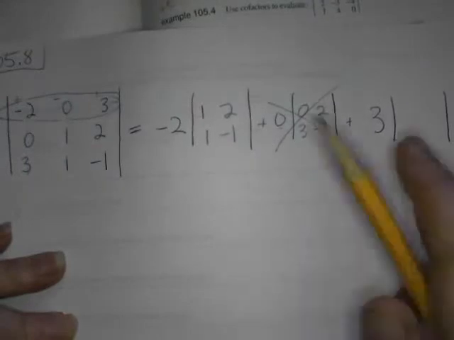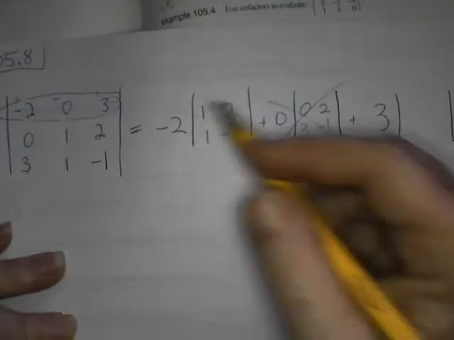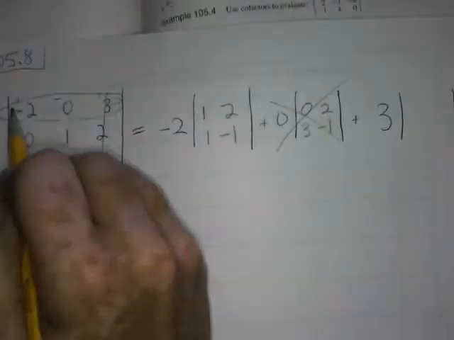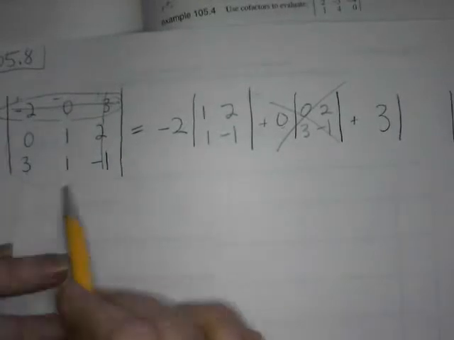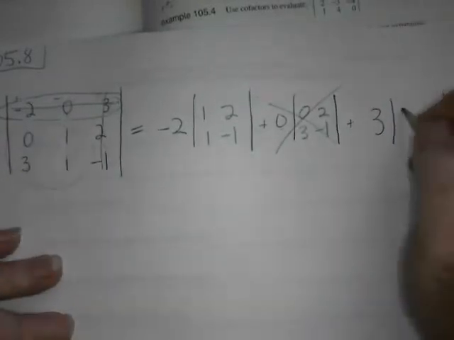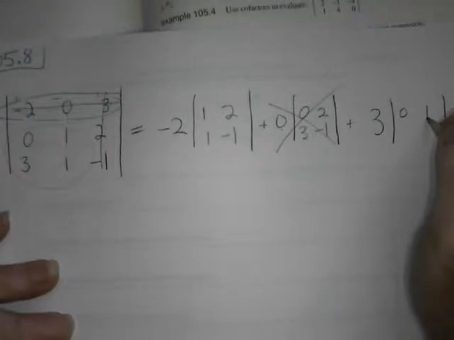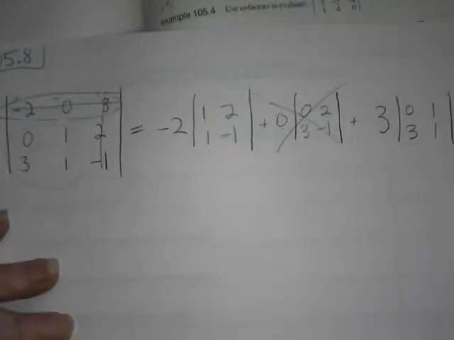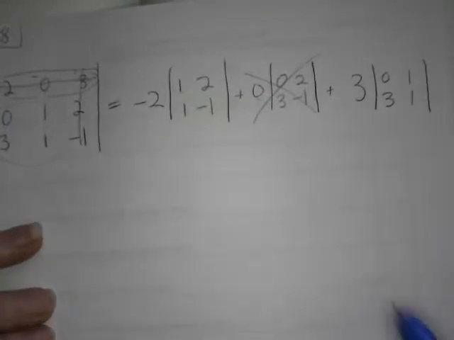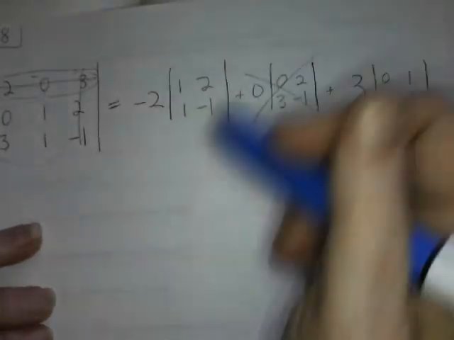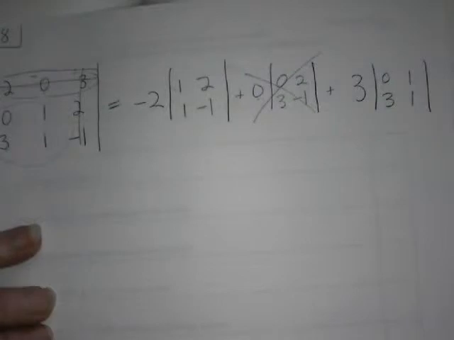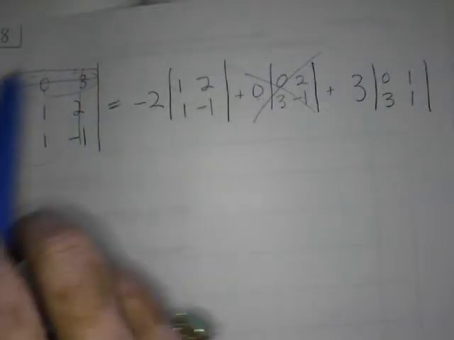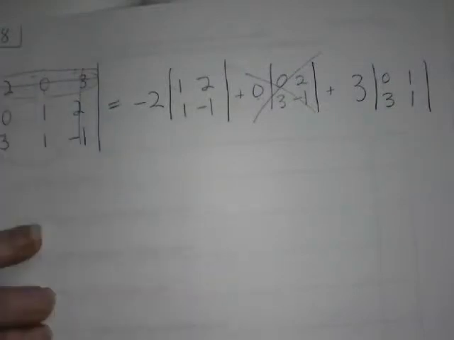Do you see where I'm getting these matrices from? Now, what goes with the 3? I can find out by crossing out the row and the column that the 3's in, and what I'm left with is this thing. That's easy enough. Now I'm doing this slowly because I'm explaining it to you, but when you have a matrix with a lot of zeros and ones in it, this might be faster than the other way that we learned last week.